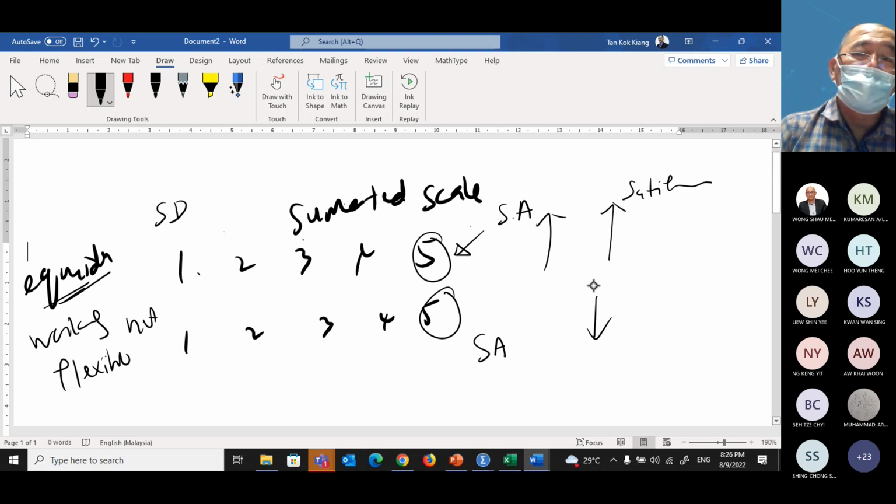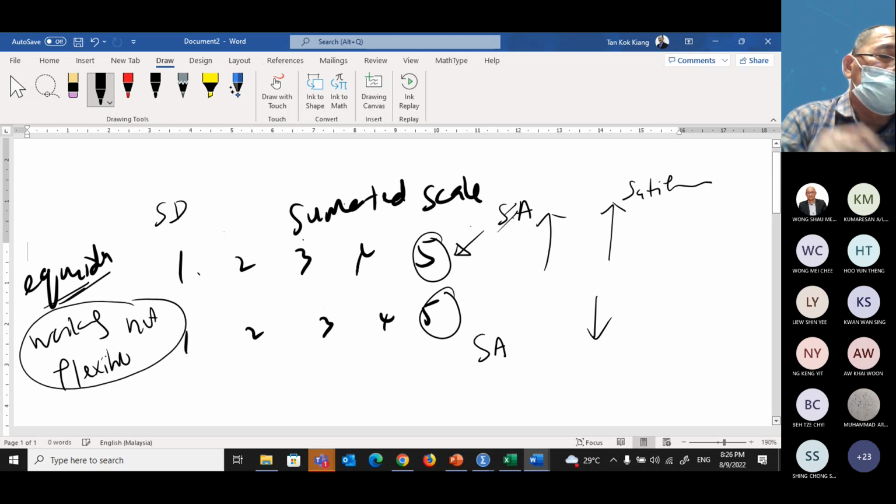Therefore, they will offset. You are right. So if you want to use a questionnaire, you should do it in a different way. For equipment, agree means happy, agree means satisfaction. For working hour, you may change it a bit, or put it in another variable.